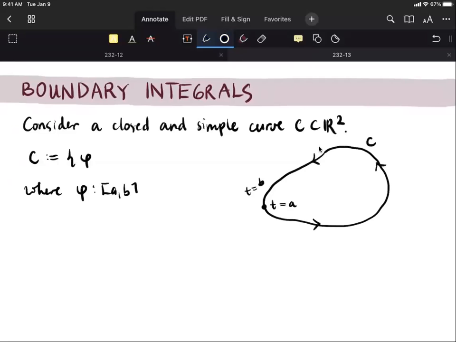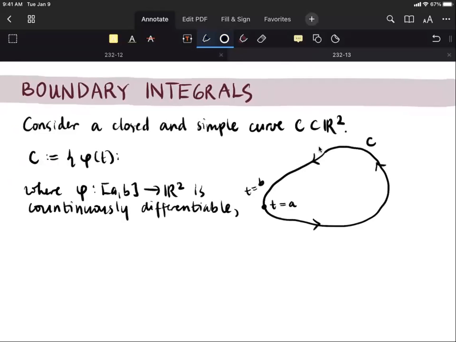So it's a map from the closed interval AB to R squared. It is continuously differentiable. So this would be the image of phi, so t in AB.